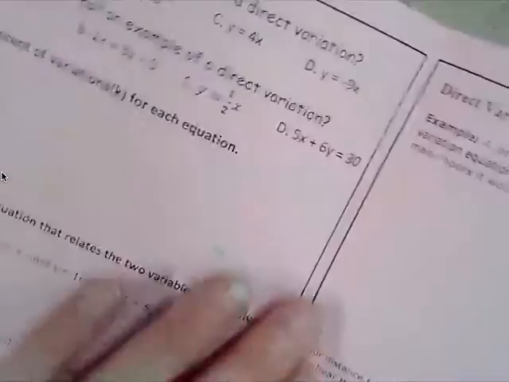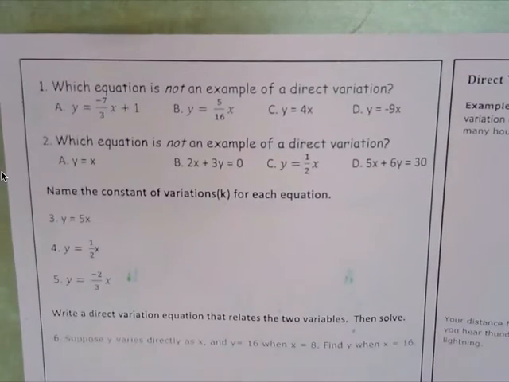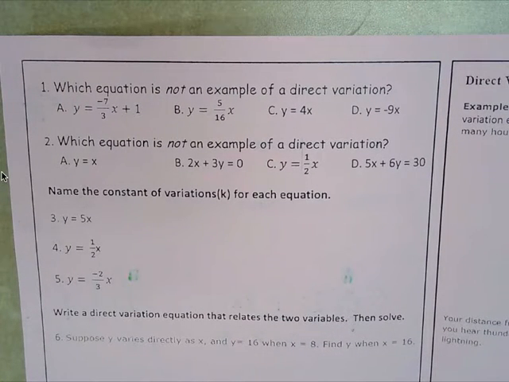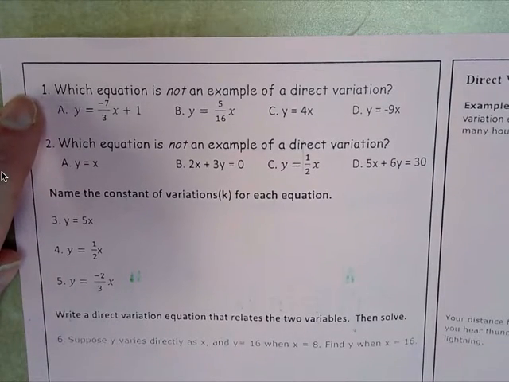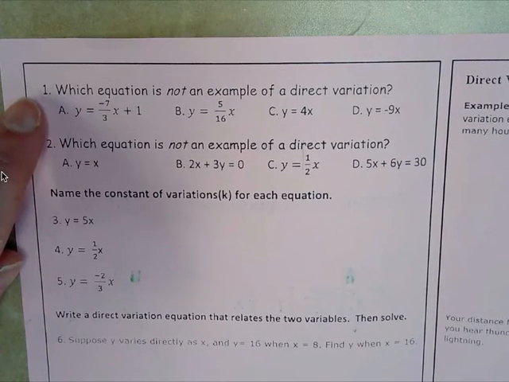All right, let's look at the inside of our booklet. You're going to do number 1 and 2 right now. They both ask the same question. Which equation is not an example of a direct variation?